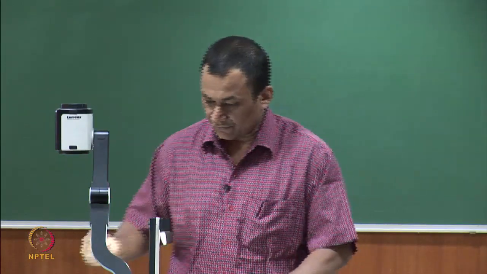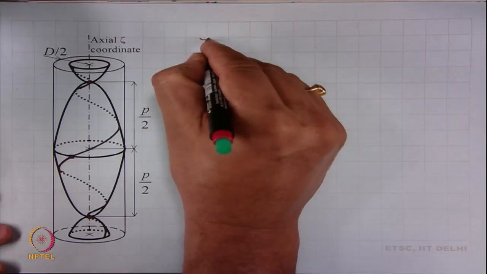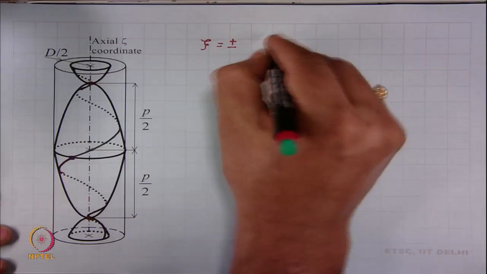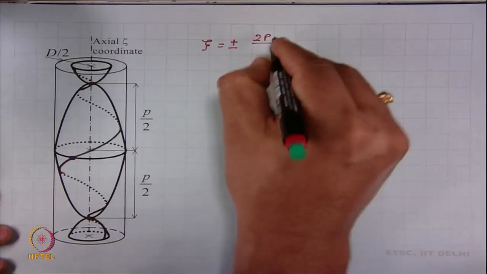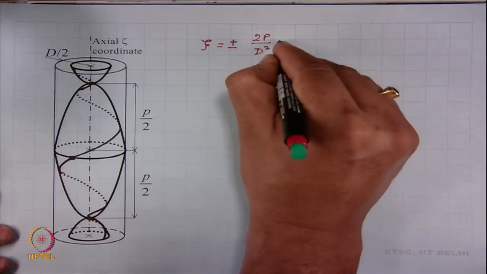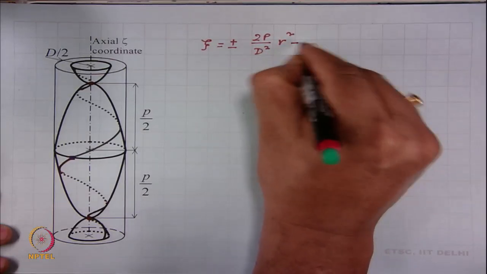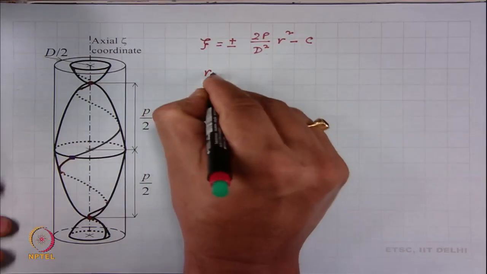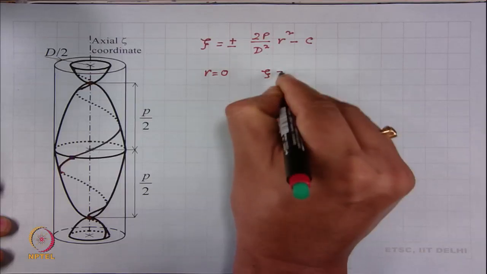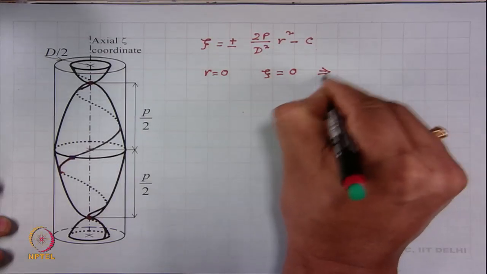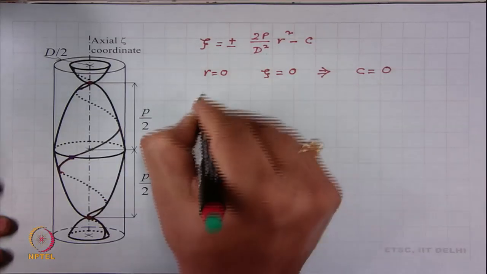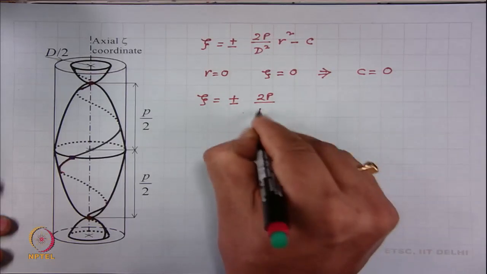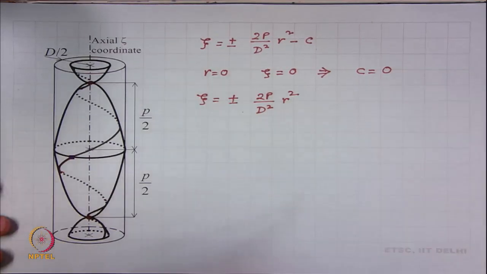So, what was the form? Form was zeta equal to plus minus 2 p by d square r square minus c. When r is equal to 0, this must be equal to 0, this infers c is equal to 0. So, zeta is equal to plus minus 2 p by d square r square.